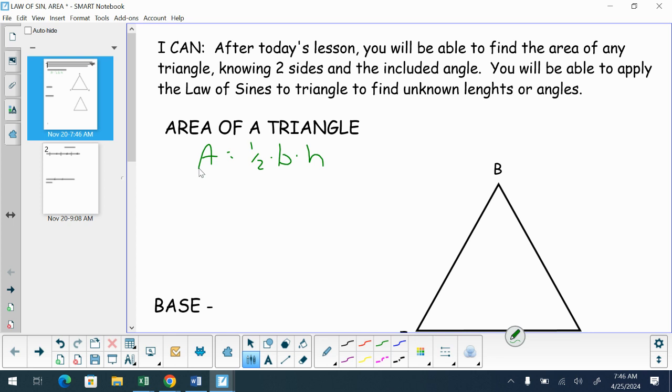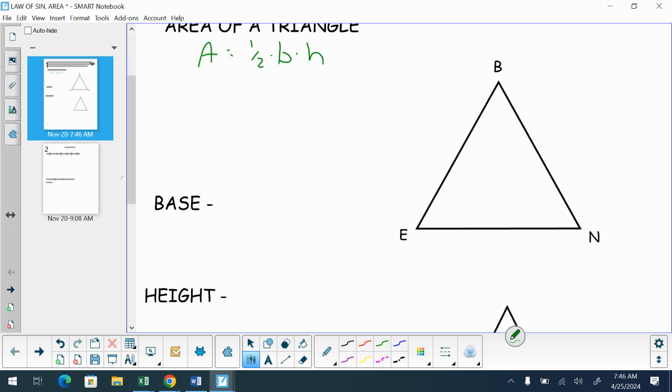Now the question is, what are our definitions? Because like I said before, everything in mathematics, you can go back to definitions. What we have to define is what is a base and what is a height. Well, base is any side of a triangle.